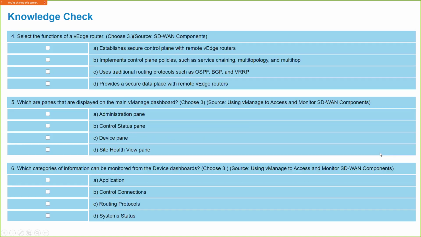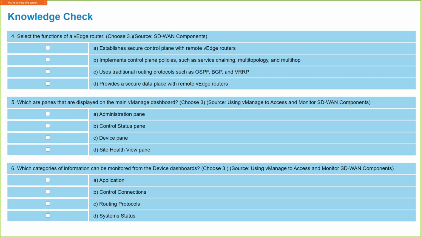All right. Let's see. Question number 4. Select the functions of the vEdge router. Choose 3. It establishes a secure control plane with remote vEdge routers. No, the control plane piece goes to vSmart, right? Not vEdge to vEdge. Implements control plane policies such as service chaining, multi-topology, and multi-hop.